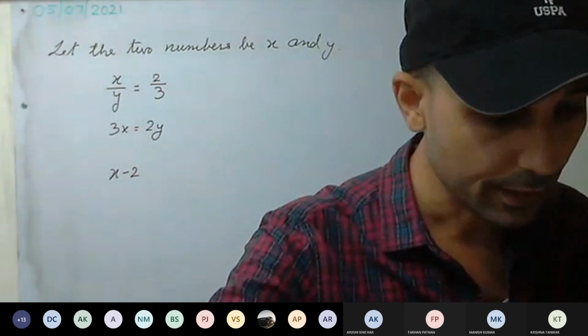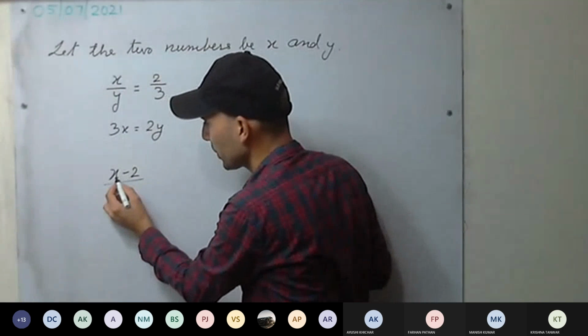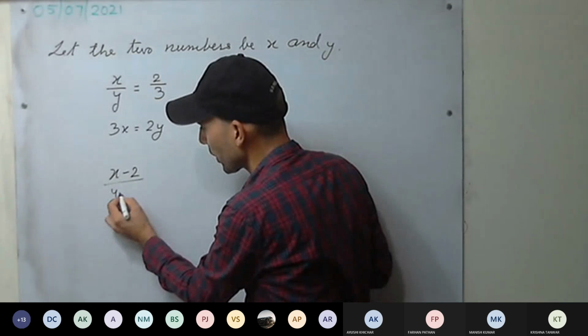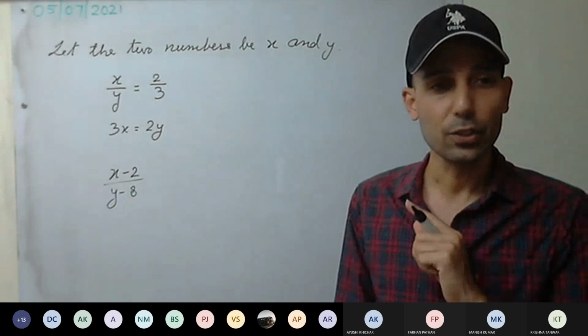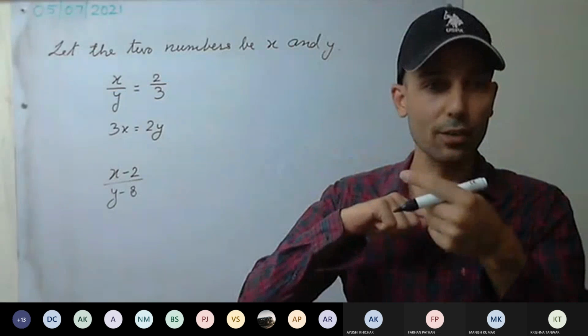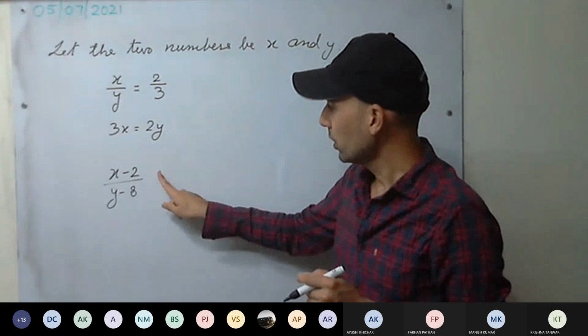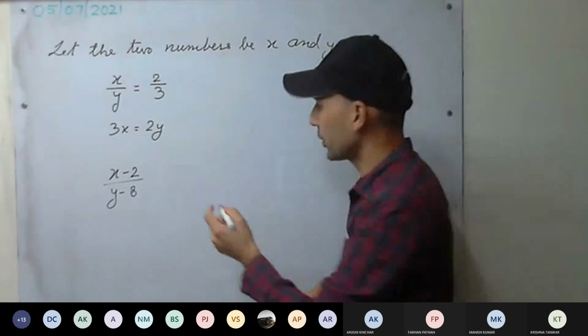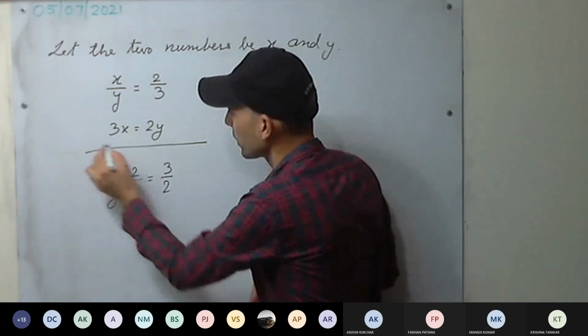Then it is written the ratio becomes the reciprocal of the original one. The first ratio was 2/3. Now this ratio will become 3/2, the reciprocal of the first. Understood?